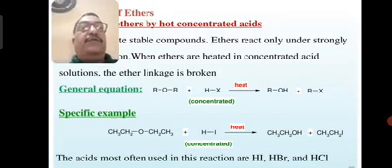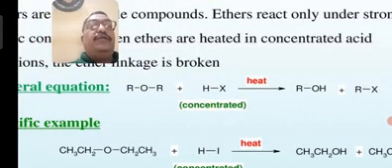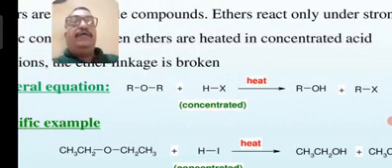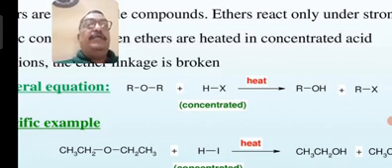For example, when ROR, a general example, is treated with concentrated halogen acid HX, it may be HCl, HBr, or HI, the best example is HI. When heated, it gives ROH and RX, alcohol and alkyl halide.